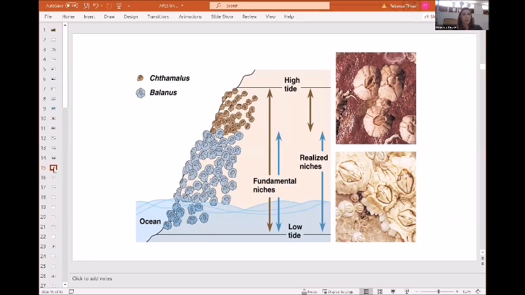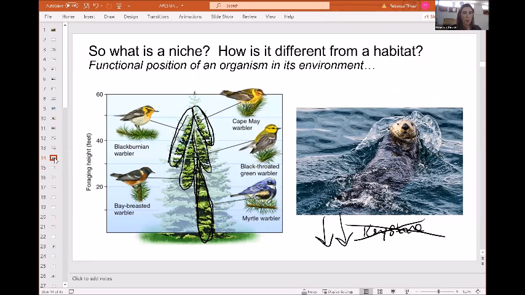One thing that you might see as well is the difference between a fundamental niche and a realized niche, meaning, let me go back here, is it possible for this myrtle warbler to be able to live everywhere in that tree? Absolutely. But in the presence of all of these other species, that kind of distribution is limited.